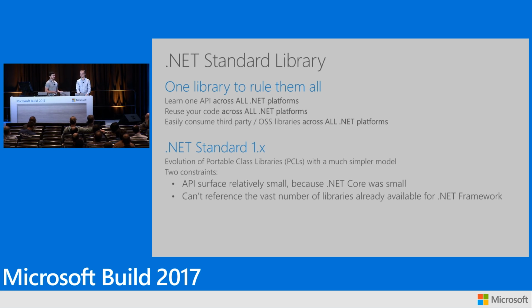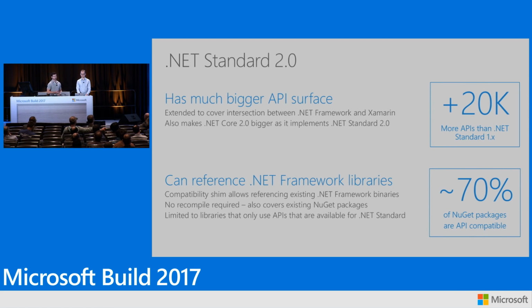So with .NET Standard 2.0 coming in the Fall Creators Update of Windows, we have a huge increase in the .NET API surface area, and we're adding a library compatibility shim that will allow you to use existing libraries out there so that, for example, you don't have to rely on developers creating brand new libraries for .NET Standard.